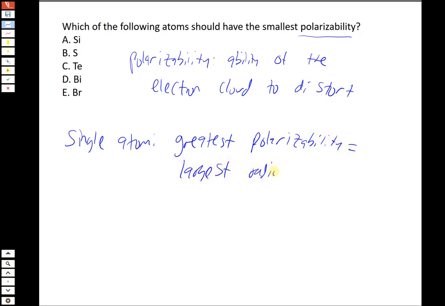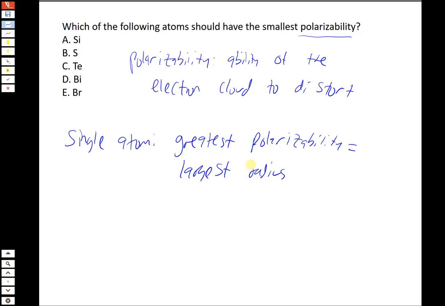And the reason for that is, if you want to talk about the ability of an electron cloud to distort, we're looking for the one where those outermost electrons, the ones that are furthest away from the nucleus, and that sort of determine all the chemistry for that atom, are held the least strongly, the loosest held valence electrons, allowing them to distort. And so that's going to be the one that has the largest radius, because in that case, the outer electrons are furthest away from the nucleus, they're not held as tightly, and they're better able to distort.